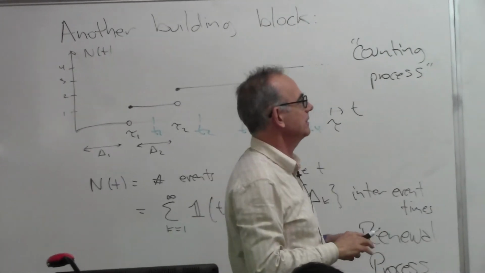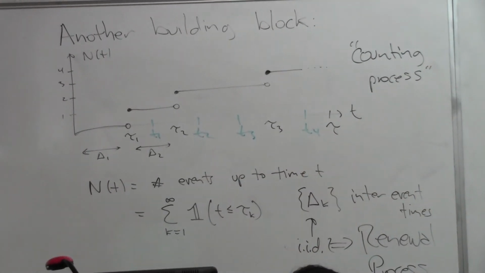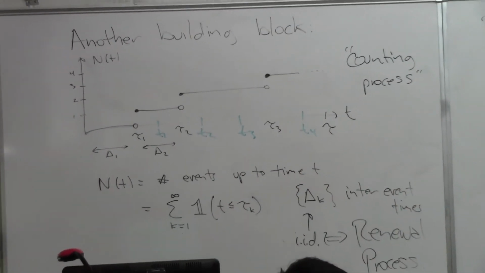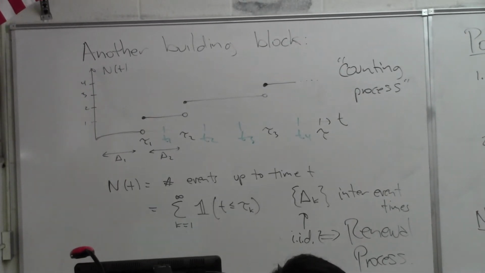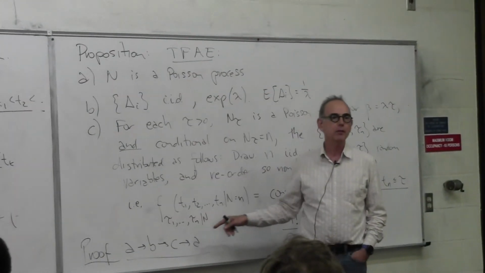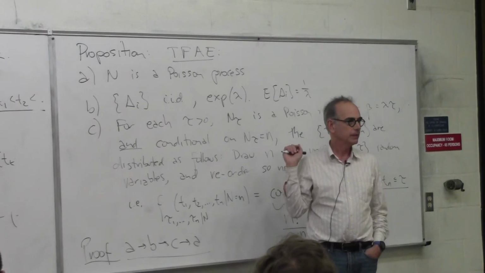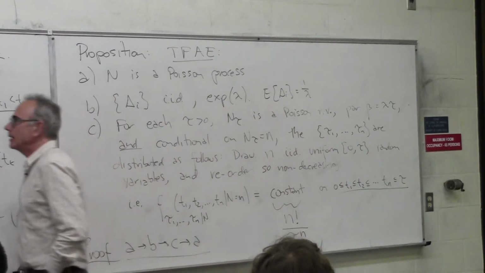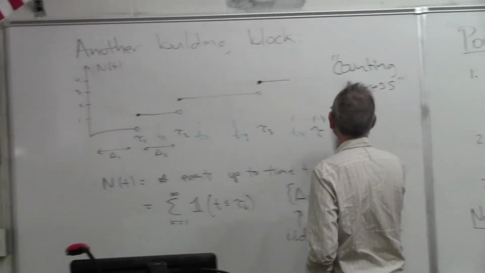All right, and let's do it. We prove that A implies B implies C and then implies A, and that means they're all equivalent. Right. And I'll have to rewrite this.